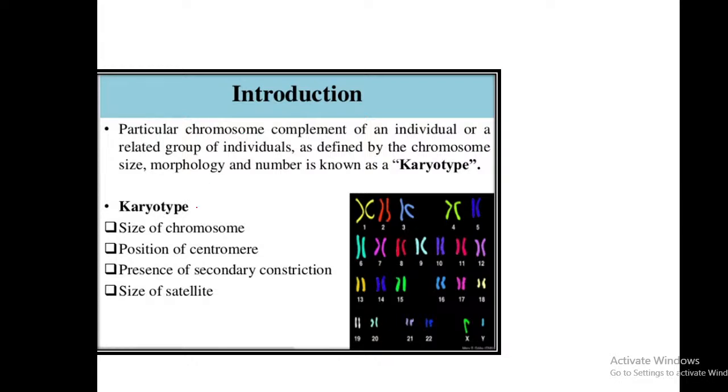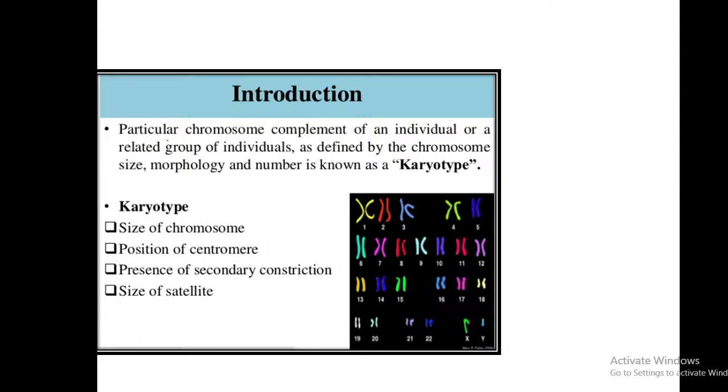The term karyotype means the total chromosome constitution of an organism arranged in a particular order, and that is what is known as karyotype. So the group characteristics of the chromosomes are taken into consideration.